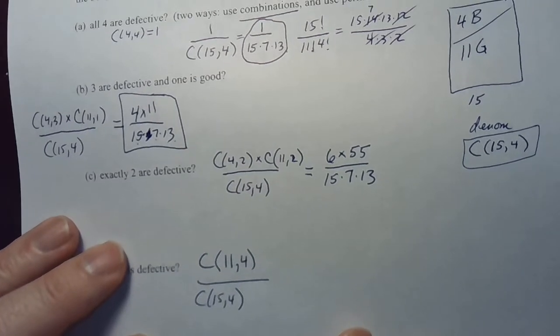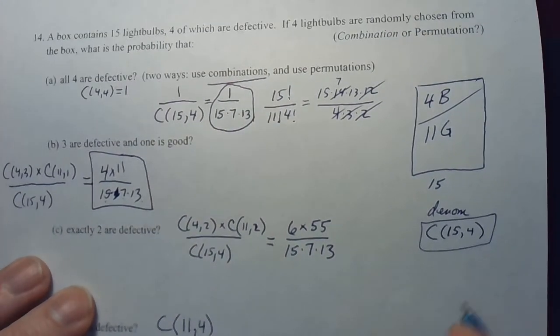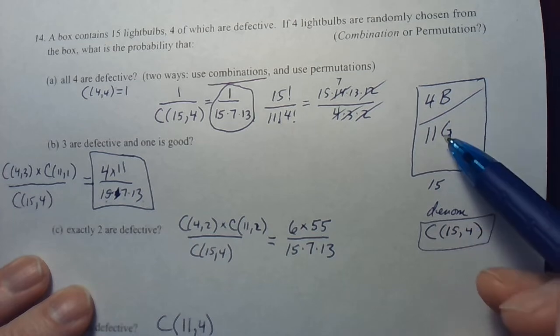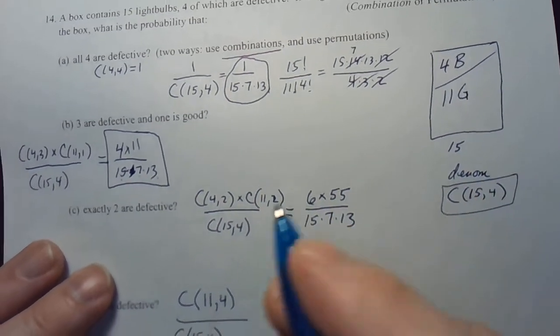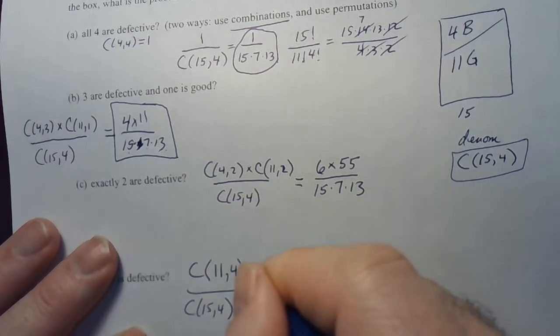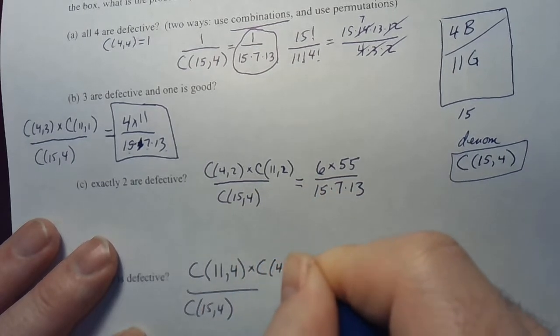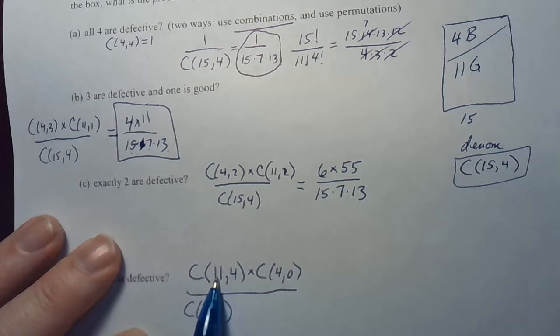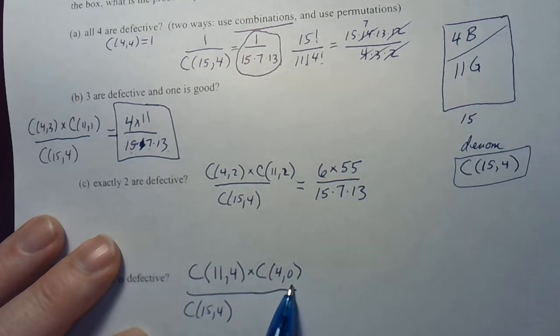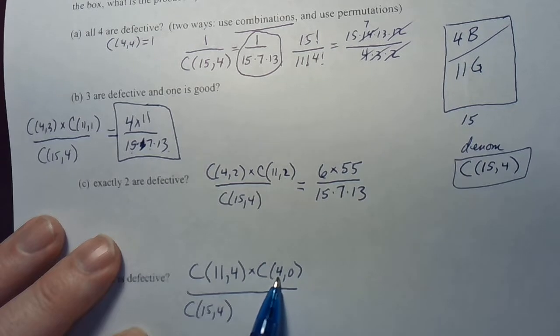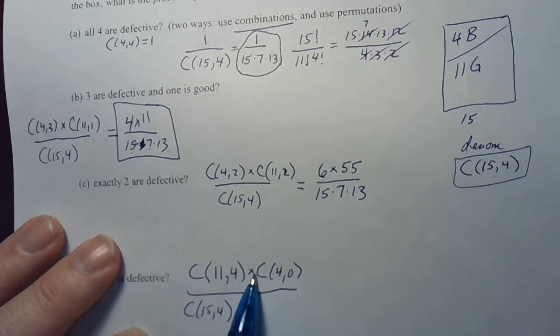Now, I don't want to confuse you, but technically you're choosing all 4 from this group and 0 from this group. So technically you could put this down as well: from the group of 11 goods, you're choosing 4, times choosing 0 from the group of 4. If you plug it into the formula, remember, whenever you choose 0, it's a 1, so that's not going to change the answer at all.